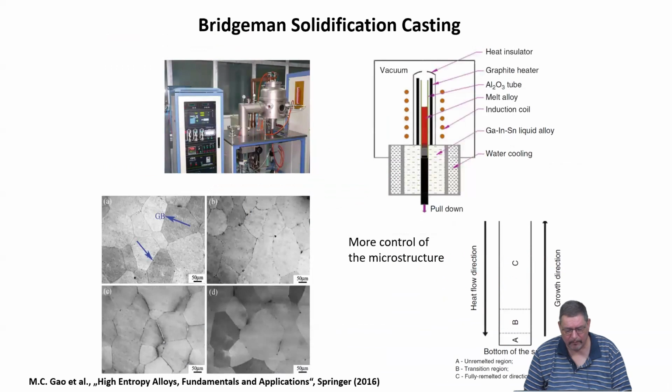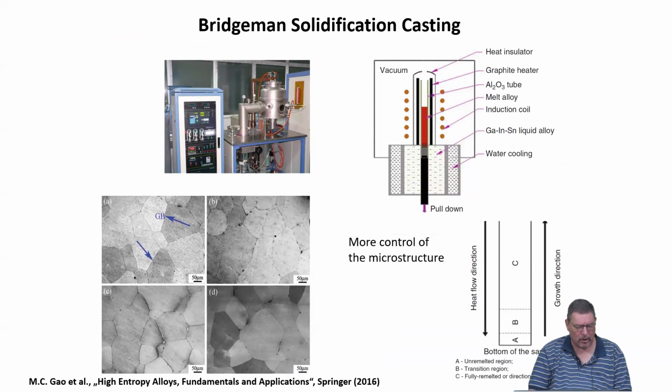Yeah, a very good method if you want to avoid these non-equilibrium artifacts is Bridgman solidification casting, which means that you basically pull the material from a liquid zone through a solidification zone and cool it, but cool it gently and not so quickly. So you have control over the speed of the solidification front.